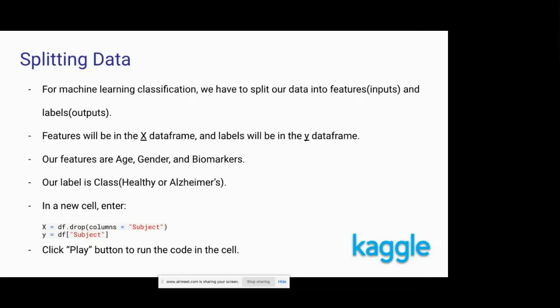So we're going to include all the columns except for the subject column, because the subject column contains the class, either a person is healthy or has Alzheimer's. And then our Y is just going to be the subject column, zeros for healthy or ones for Alzheimer's. And then once again, click the play button to run the code in the cell.